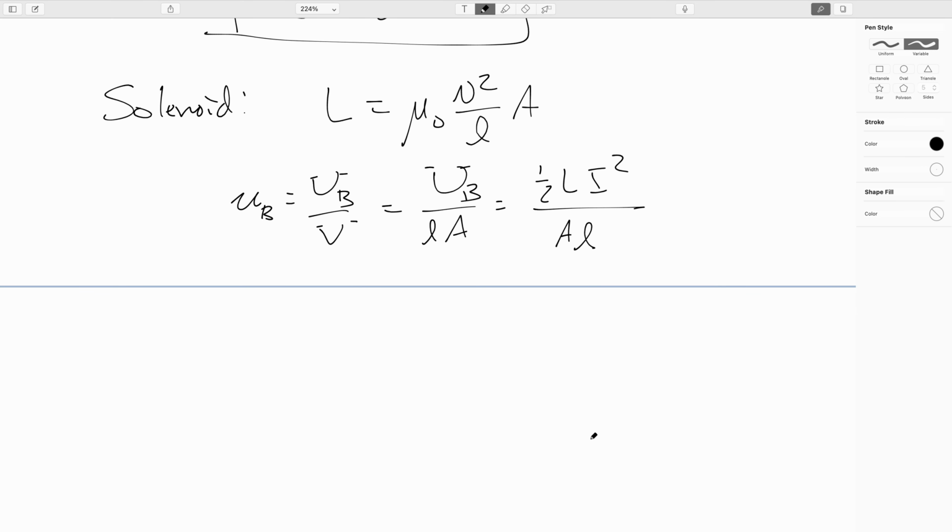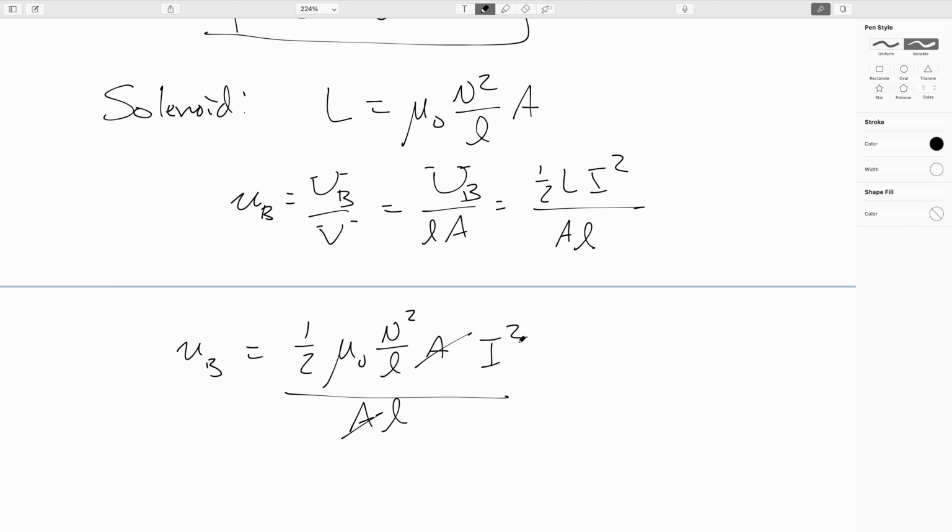And then we can substitute in our expression for L. So we have that U_B over volume is 1/2 mu naught n squared over L times A, over A times L. Cancel and cancel. And I forgot my I squared, my bad. So we have, clean this up a bit, mu naught n squared I squared over 2 L squared.